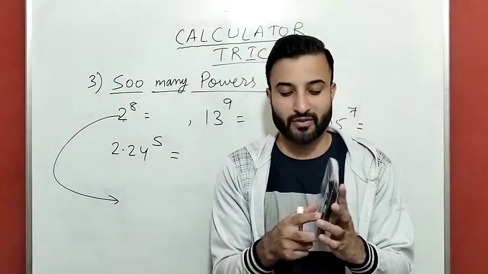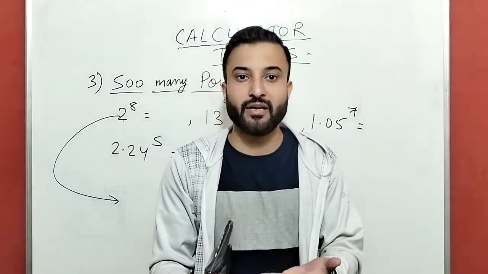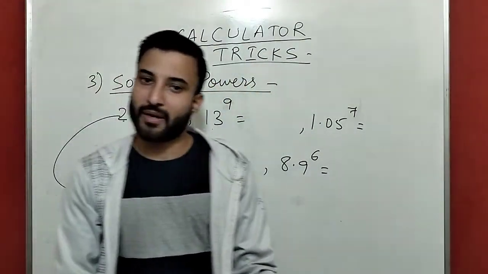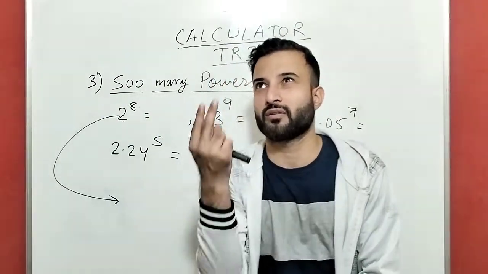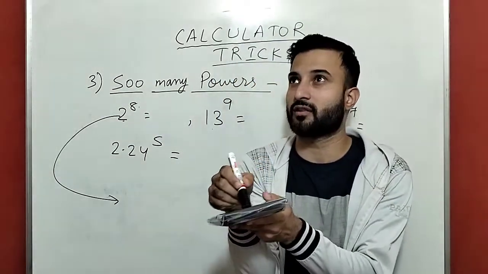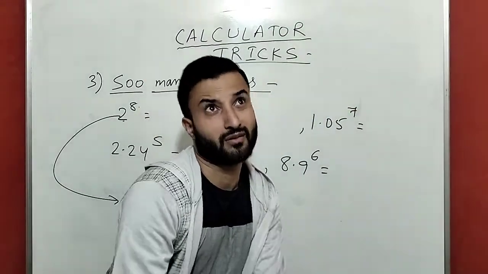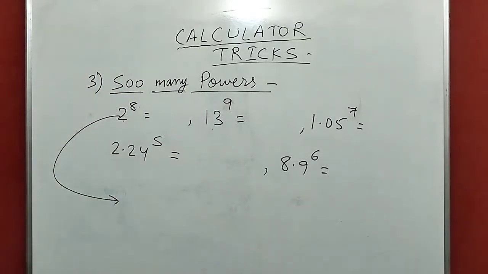With the help of this calculator, we will make it short and easy. It will save your time. Otherwise, when the examiner says time up, you will say 2 minutes, 1 minute, and he will take it and go. So you have to save the time.